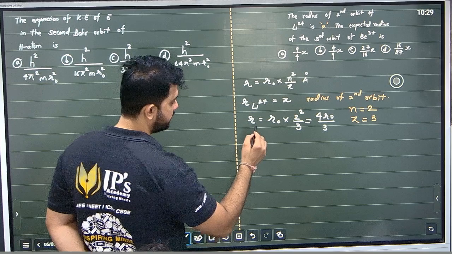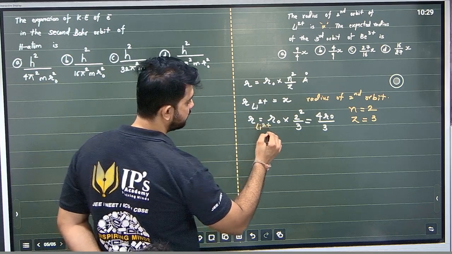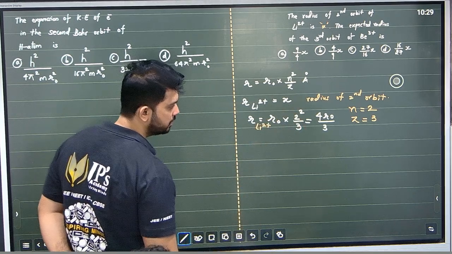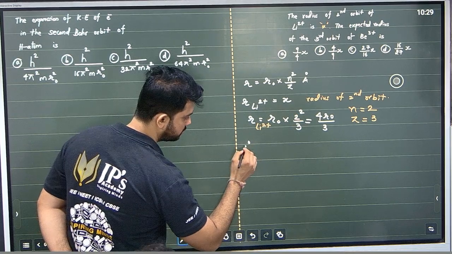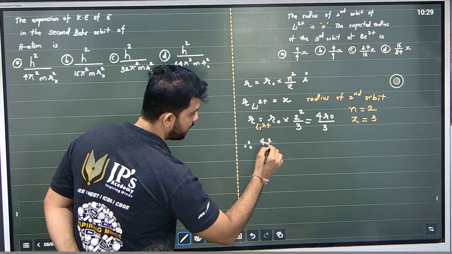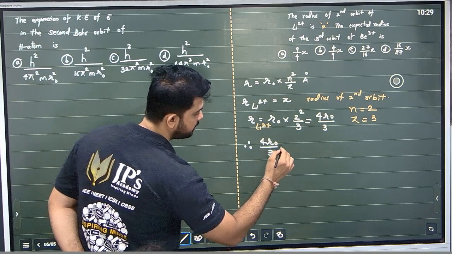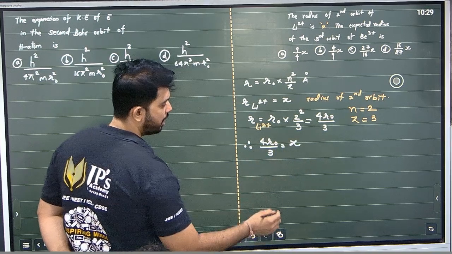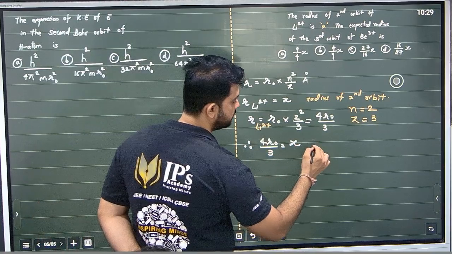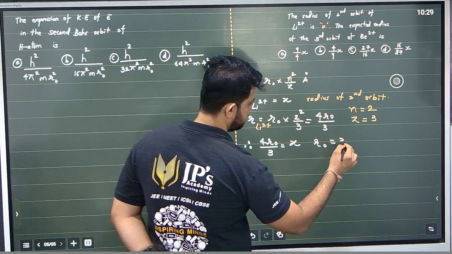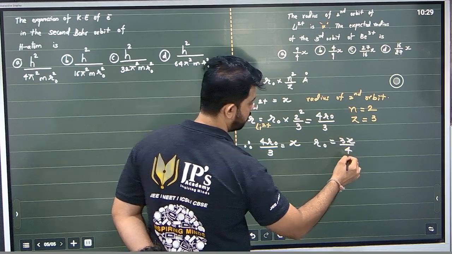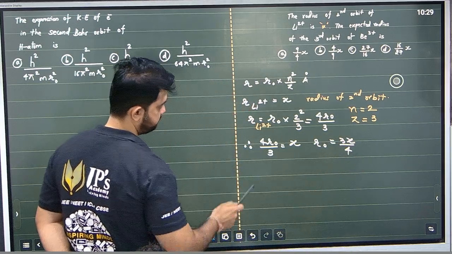And how much is that radius equal to? It is given equal to x. Therefore 4 r naught upon 3 is equal to x. How much do we get r naught from here? 3x over 4.